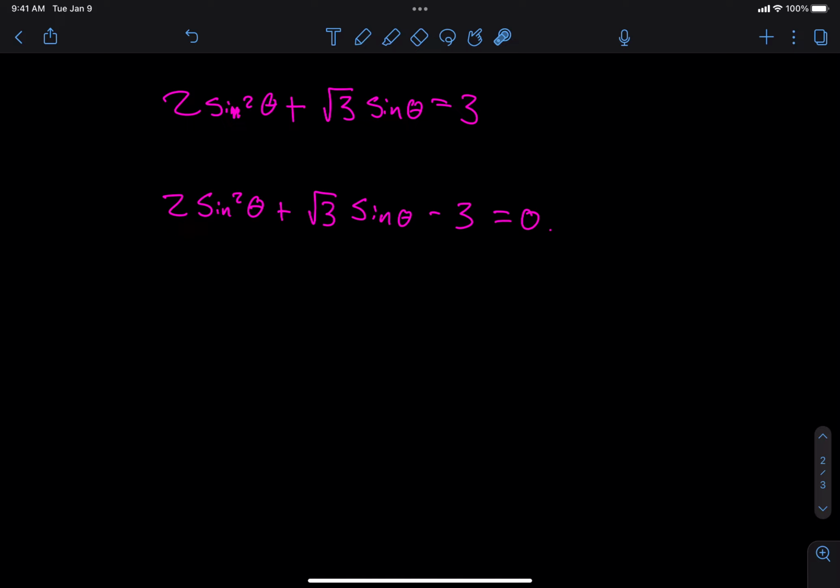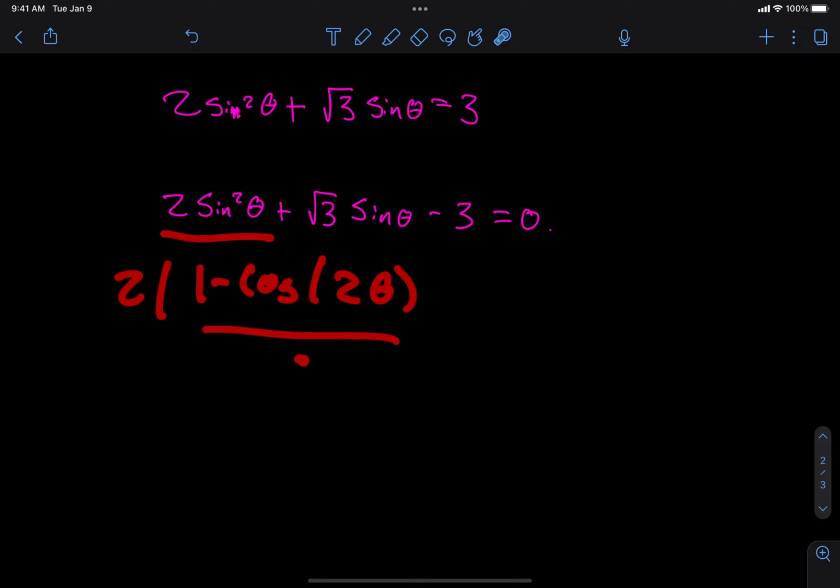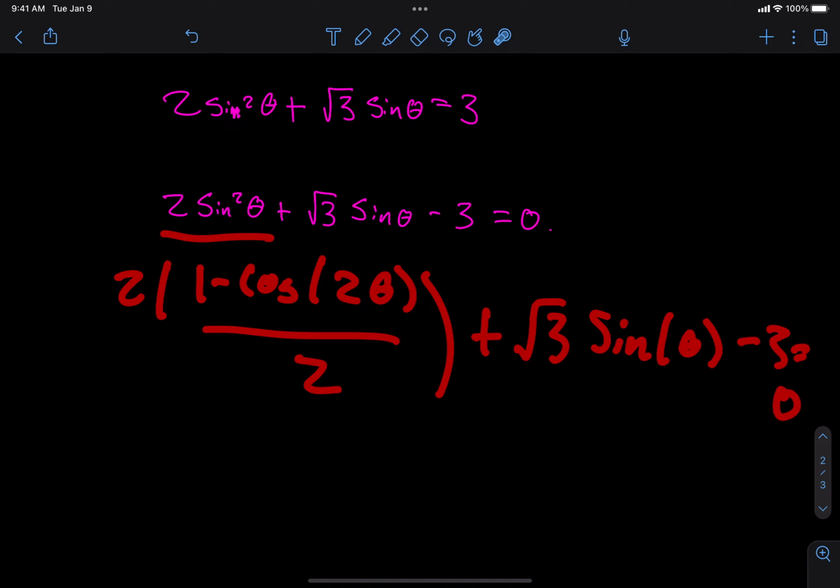But the problem is, you're then going to end up with an equation with multiple terms. Here you'll have something like 2 times (1 minus cosine of 2 theta) divided by 2, and then plus square root 3 sine theta, minus 3 equals 0. Here's the problem with an equation like this.